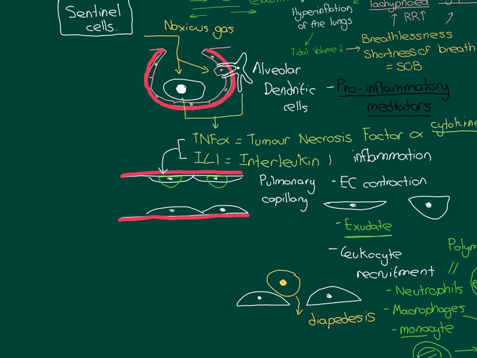So let me add some more pro-inflammatory mediators onto our list of mediators that are released. So I'll put these over here. Both the alveolar dendritic cells and the alveolar macrophages also release pro-inflammatory mediators, interleukin 8 and one called leukotriene B4.